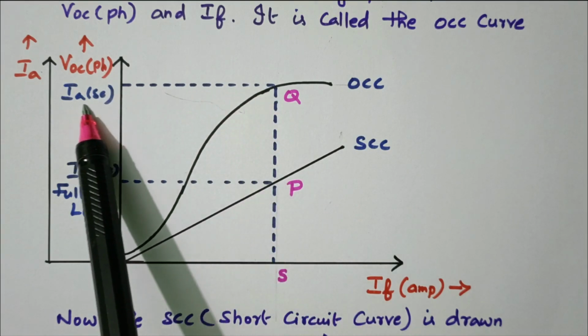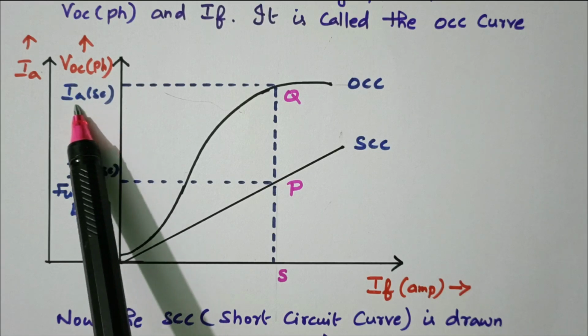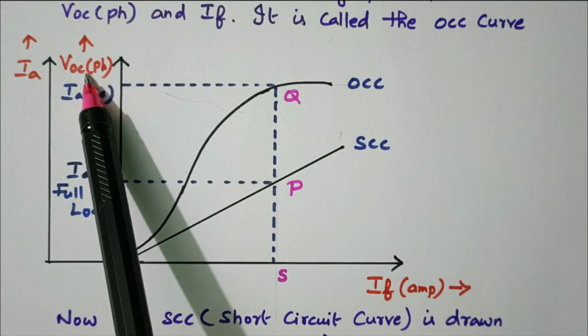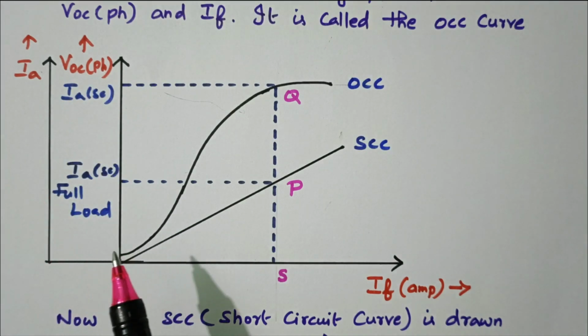That will give the IASC, the short circuit armature current. From this short circuit armature current and VOC, we are able to find ZS. From ZS, we can find the E phase, that is the regulation.